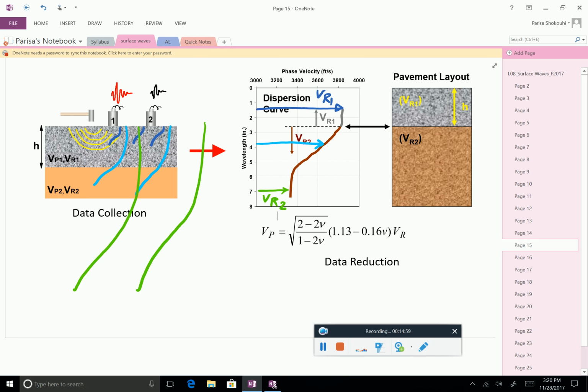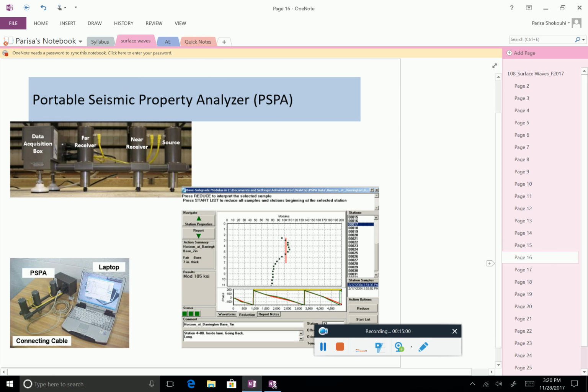So this very simple concept has been made into some small size devices. Some of you are geophysicists, you know larger arrays and so on, but there are smaller versions of that.